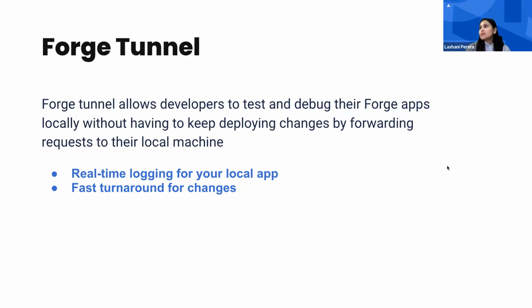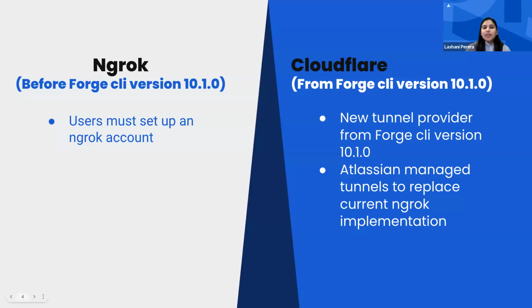Moving on. Before Forge CLI version 10.1.0, Forge tunnel utilized Ngrok as the tunnel provider. However, due to various concerns around this implementation and limitations that affected user experience, we made the decision to transition to an Atlassian-managed Cloudflare tunnel to replace the existing Ngrok tunnel implementation, which is available from CLI version 10.1.0.